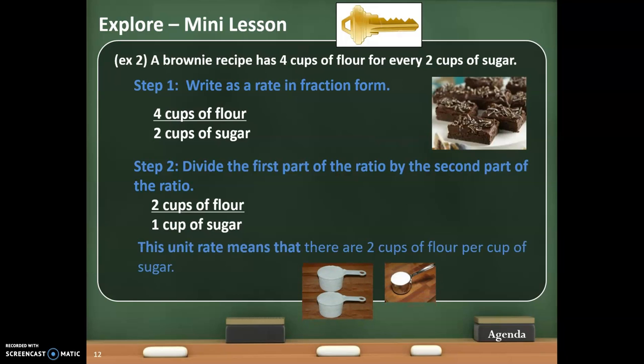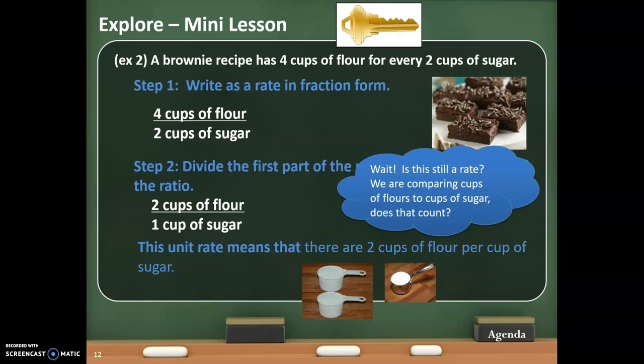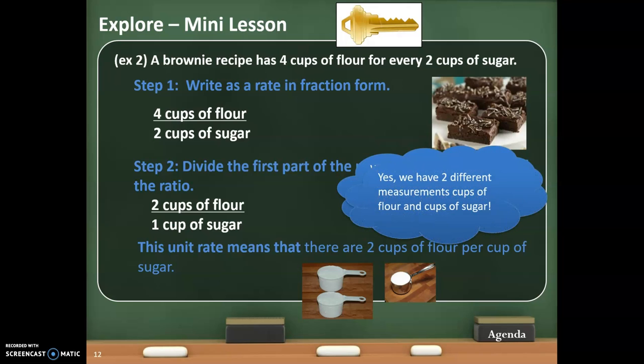So this unit rate means that there are 2 cups of flour per cup of sugar. Even though the cups sound the same, these are 2 different measurements and 2 different types, because we're talking about cups of flour and cups of sugar.